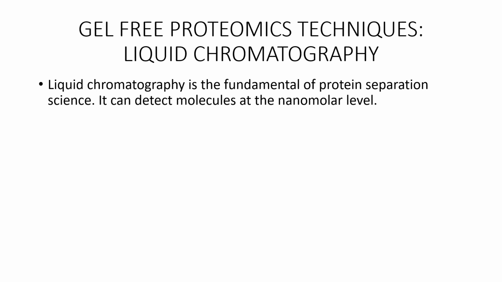For the gel-free proteomic technique, liquid chromatography is the fundamental of protein separation science. It can detect molecules at the nanomolar level. Therefore, it is useful in proteomics and genome research. Many kinds of liquid chromatography, such as reverse phase high-performance liquid chromatography (HPLC), affinity HPLC, gel permeation HPLC, ligand exchange HPLC, and capillary HPLC have been used in proteomic research.